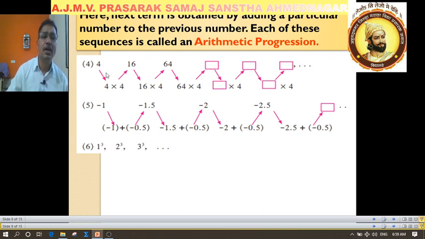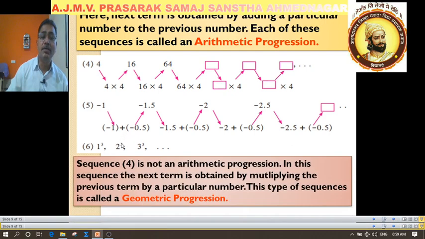So see here, sequence 4 is not an arithmetic progression. In this sequence, the next term is obtained by multiplying the previous term by a particular number. This type of sequence is called a geometric progression. So the fourth sequence is called a geometric progression.